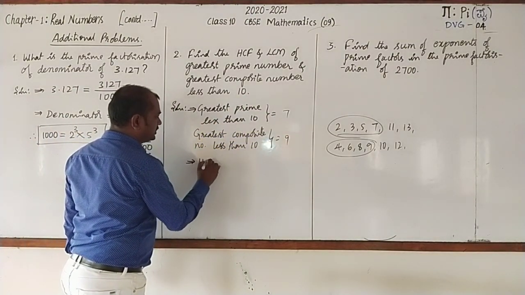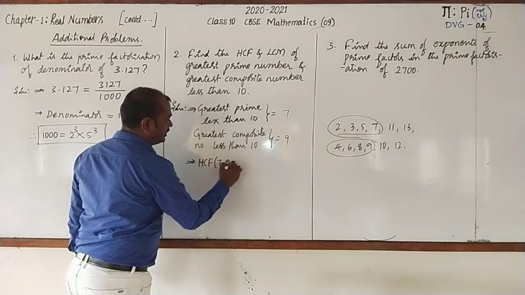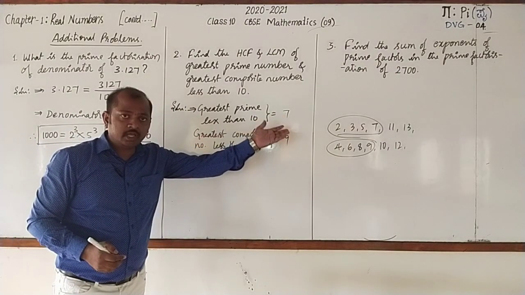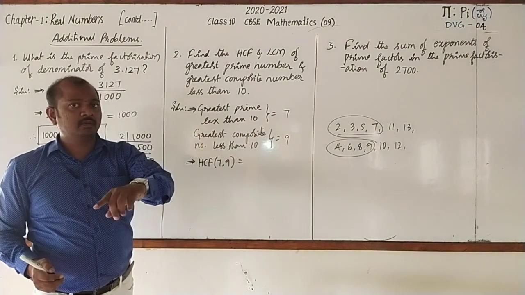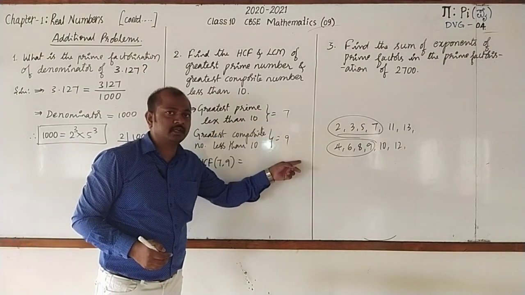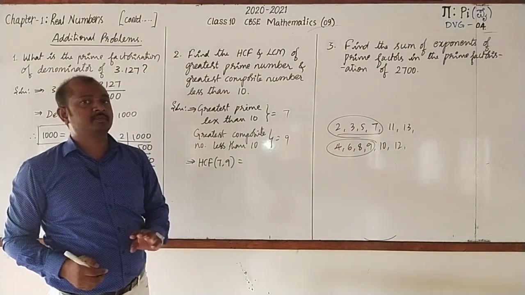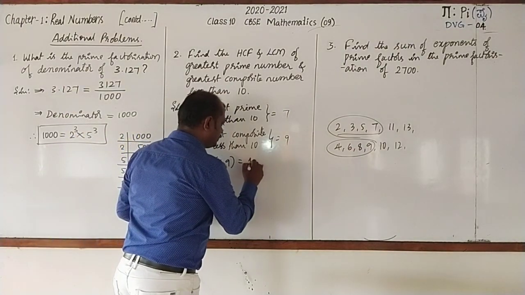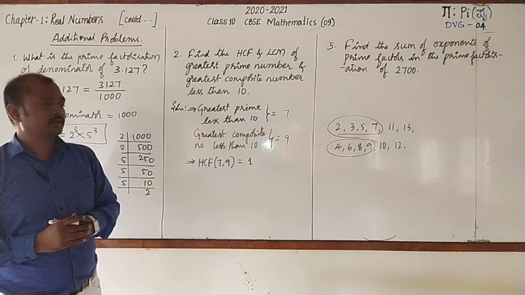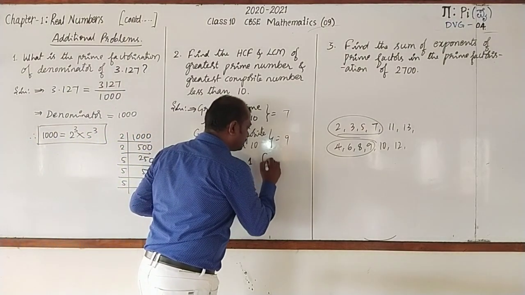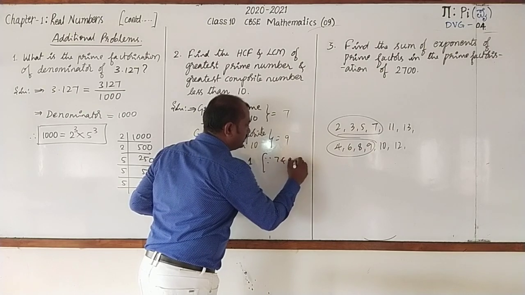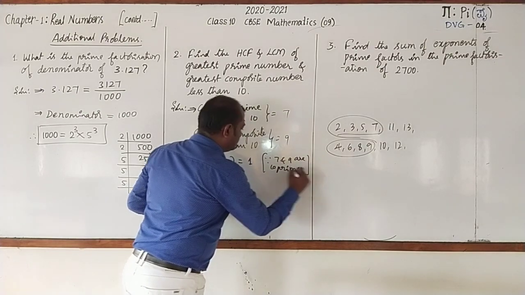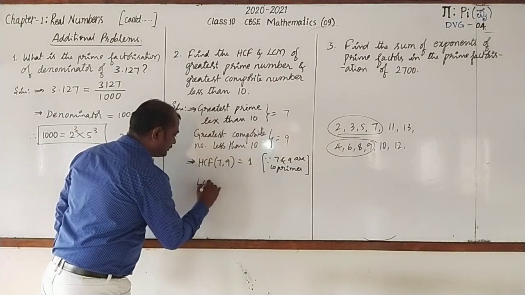See, the HCF of 7 and 9. Do 7 and 9 have any common factor other than 1? No. Then what type of numbers are these? Yes, co-primes. The HCF of co-primes is 1. So HCF of 7 and 9 is 1. If you want, you can write the reason: because 7 and 9 are co-primes. Then we want their LCM.